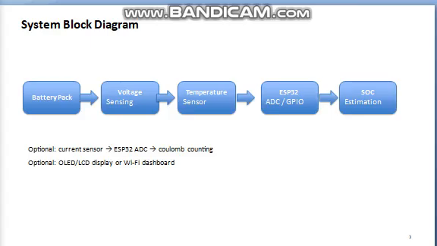So this is the overall block diagram of the system. Here you have a battery that will measure the voltage using voltage sensing circuit. Then you have a temperature sensor. Actually it is a temperature sensor IC.